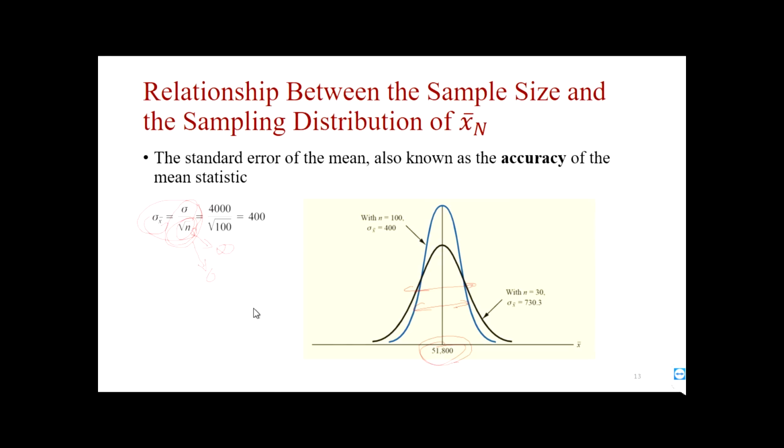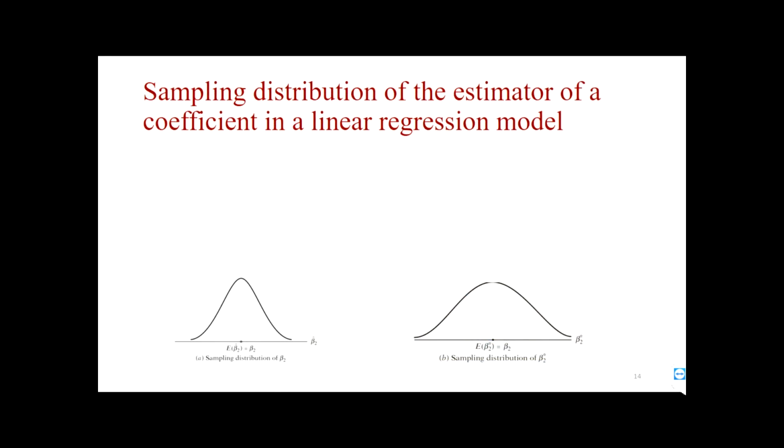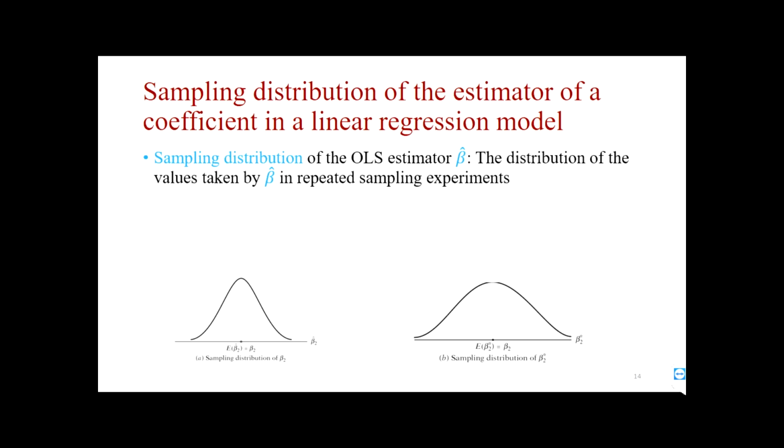So now that we have spoken about this, I want you to understand that when it comes to the sampling distribution of the estimator of the coefficient in a linear regression model, beta hat, the way you know it, is actually a function of lots of other variables. It is a function of your observations: x1, the x variable of your first observation, y1, the dependent variable of your first observation, x2, y2, all of these.